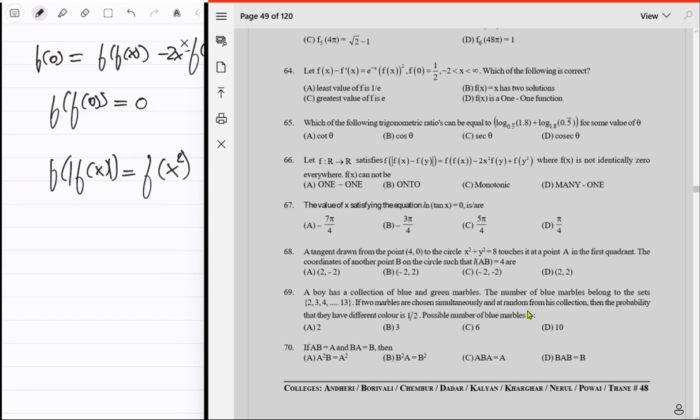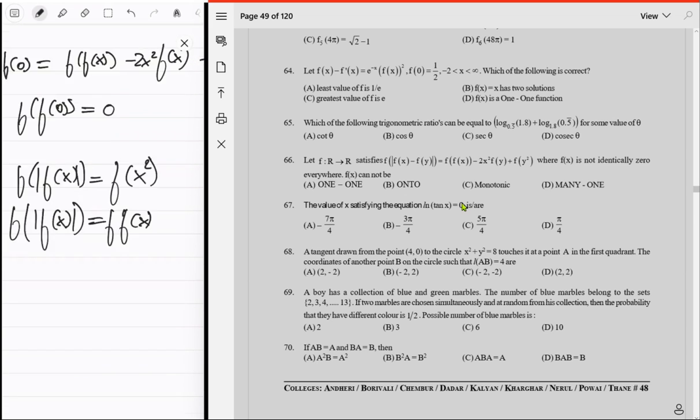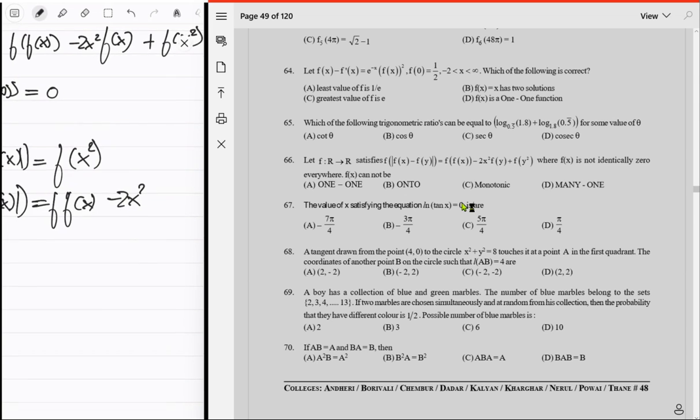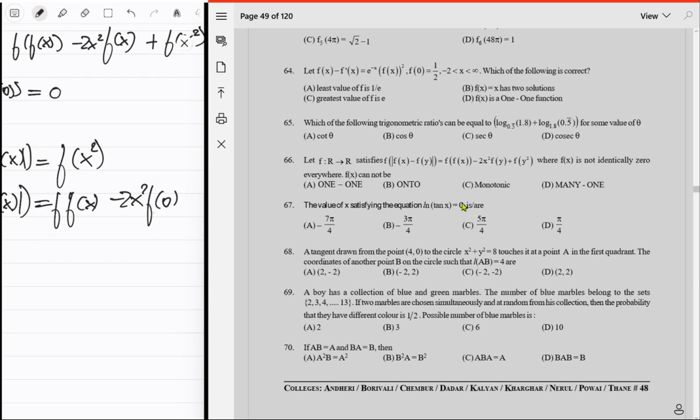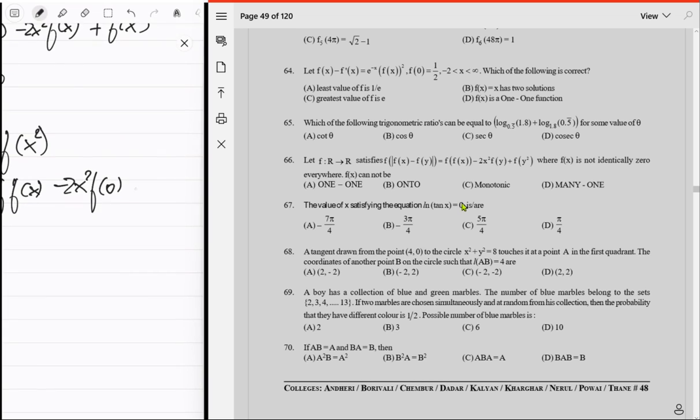Okay, interesting. What if I put x as 0, we did that. Okay, what if I just put y equal to 0 in this thing? Just get f of mod of f of x is equal to f of x. Oh, wait, what? f of mod of f of x is equal to f of x, okay, and y as 0 is just f of 0 over there, minus 2x square f of 0, and then plus f of 0 squared, plus f of 0, right?